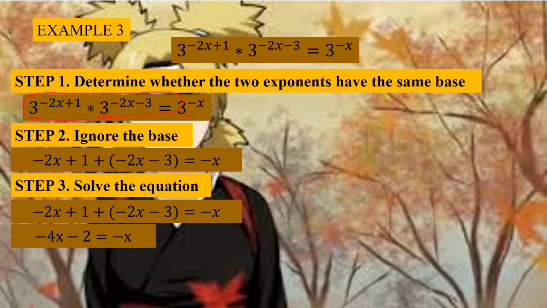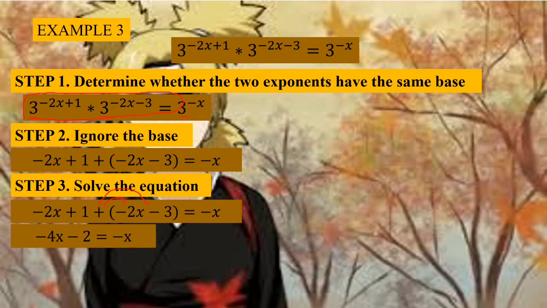So, negative 2x plus 1 plus the quantity of negative 2x minus 3 is equal to negative x. Dito kasi class, positive times negative 2x is negative 2x. And positive times negative 3, that is negative 3. So, mag-iba tayo ng kulay.